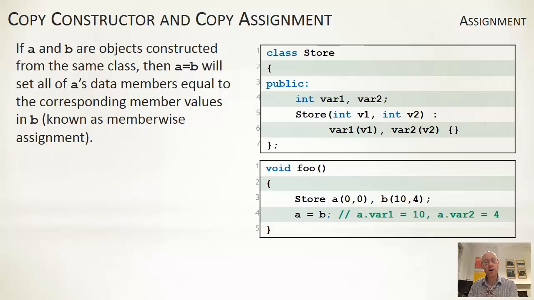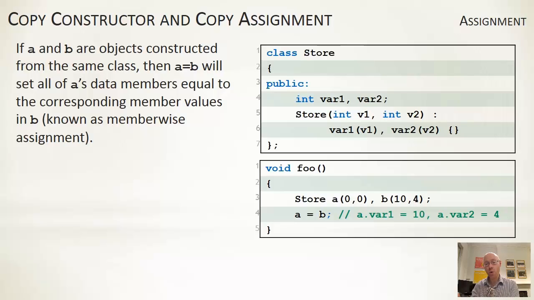Line 4 is an example where we actually kick in our copy constructor. We are copying all of the contents that B holds into A. So after we do that, a.var1 is equal to 10, a.var2 would be equal to 4. The values have been copied across. So in essence, it's what's known as a member-wise assignment.